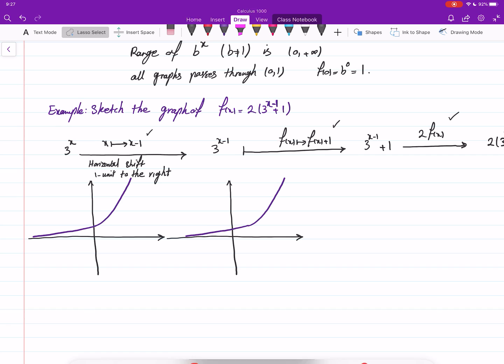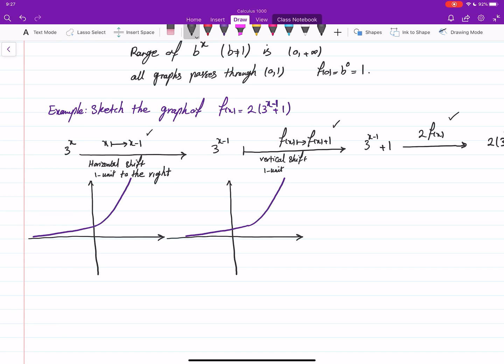How about this other one, f of x, which is 3 to the power x minus 1 plus 1. When you add 1 to the whole function, it means that we are doing a vertical shift 1 unit upward.